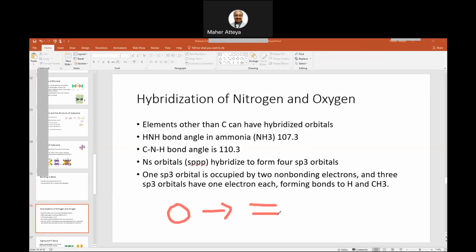Oxygen connects itself most of the time with a double bond, and hybridization of the double bond is sp2, correct? Double bond will be sp2. Nitrogen, on the other hand, by nature, likes to be in triple bond. Triple bond will be sp.